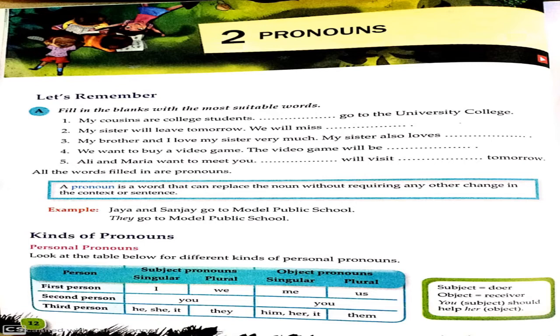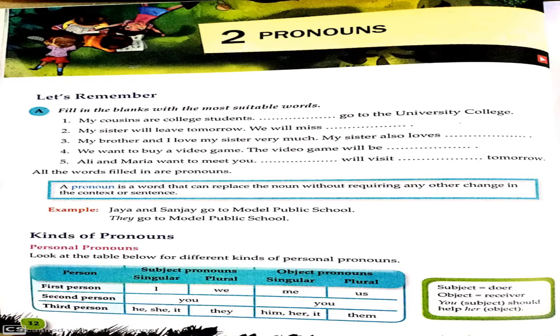Below you can see, they go to Model Public School. The noun here is Jaya and Sanjay. They have replaced the noun by using the pronoun they. Now the sentence becomes they go to Model Public School. So you can see there is no change in the context or the sentence.